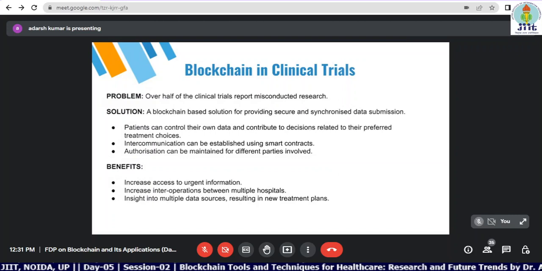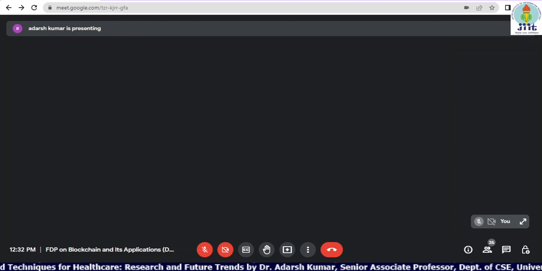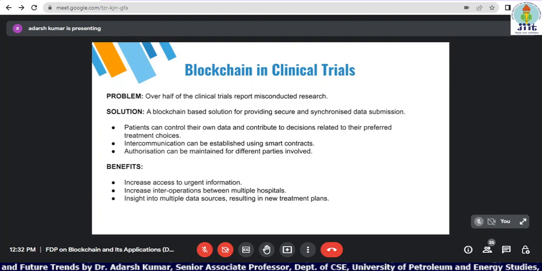If all of the hospitals, or a large number of them, are in a blockchain network, the patient can share the data with whom he wants to share. His background history from one hospital can be shared with other hospitals easily, quickly, and in a secure channel, and he can get the right treatment as well.